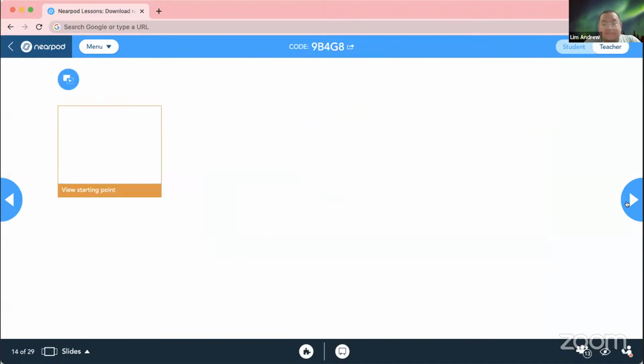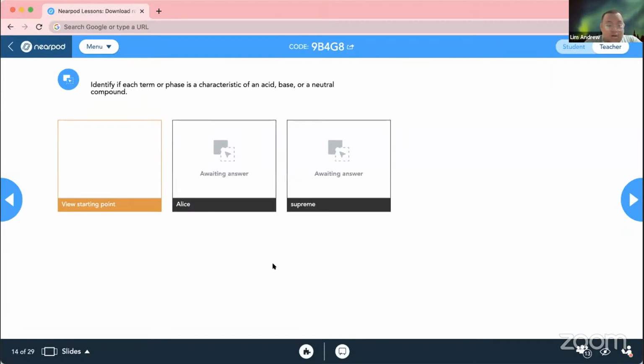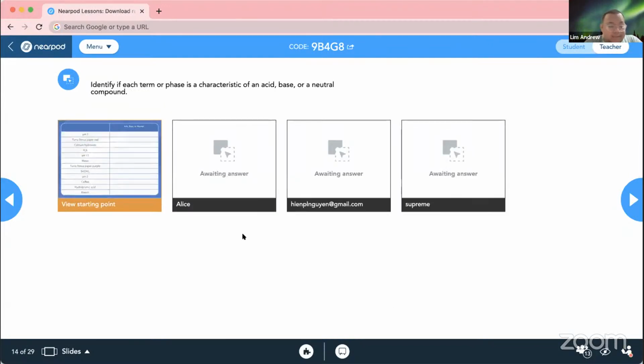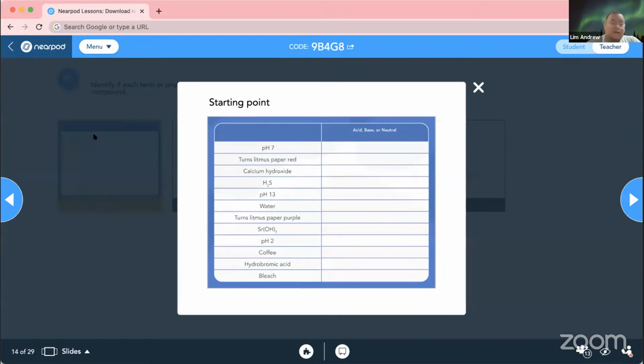I have an activity for the class to do. In this activity, look at your screen now. We have the following substances: pH 7, turns litmus paper green, calcium hydroxide, H2S, pH 13, water, turns paper purple, OH, pH 2, coffee, hydrobromic acid, bleach.